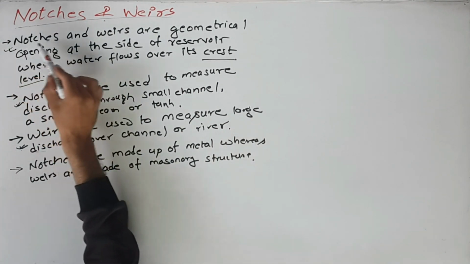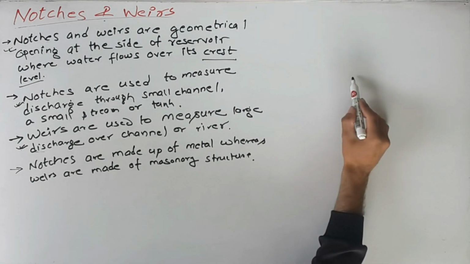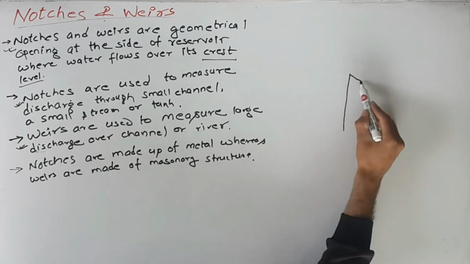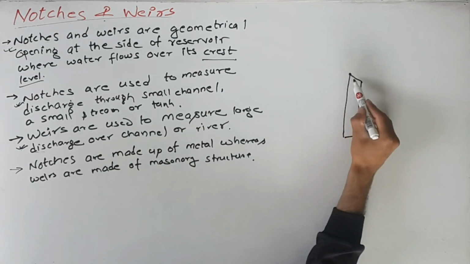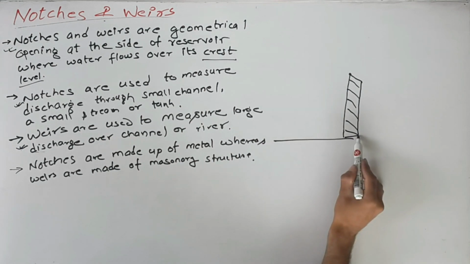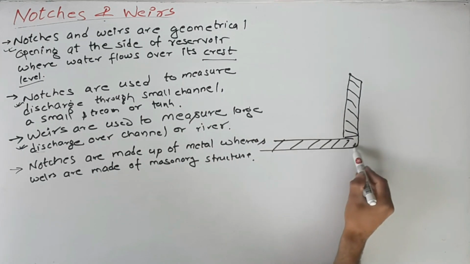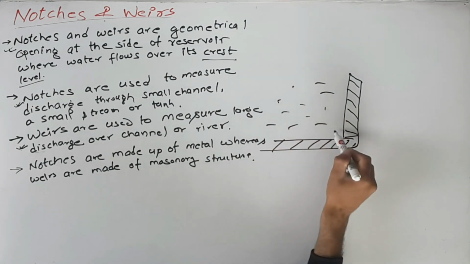Let's explain notches and weirs with the figure. This is the top of the crest. Here is the reservoir with liquid.